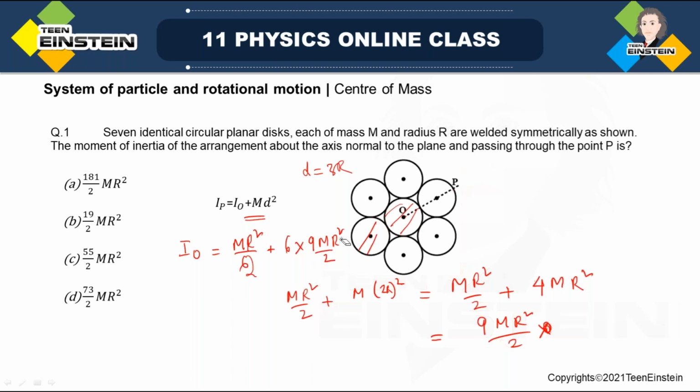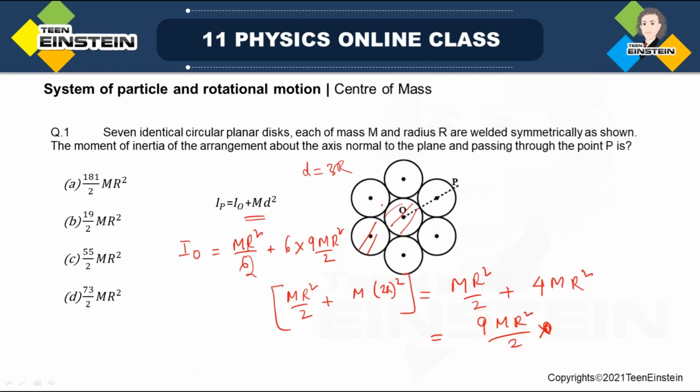I hope you are agreeing with me. What I have done is I have just calculated the moment of inertia of the center one, that is MR square by 2 about an axis passing through O, and I am calculating the moment of inertia of all 6 disks about an axis passing through O. So this is the moment of inertia for just one.